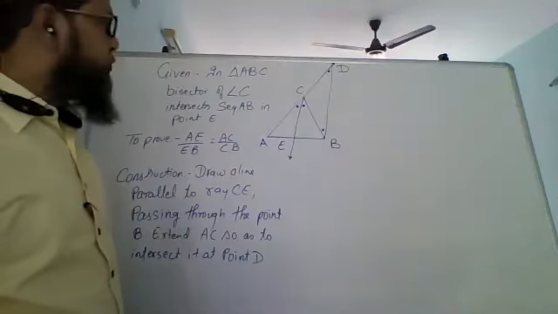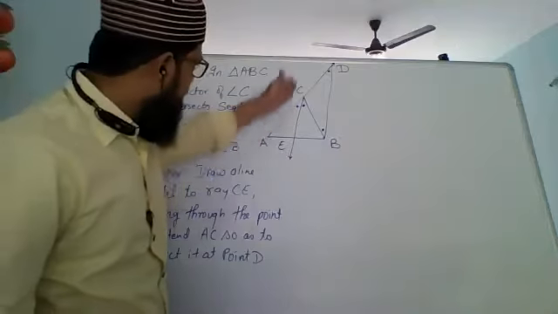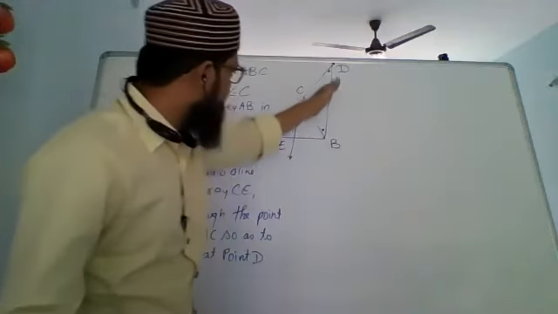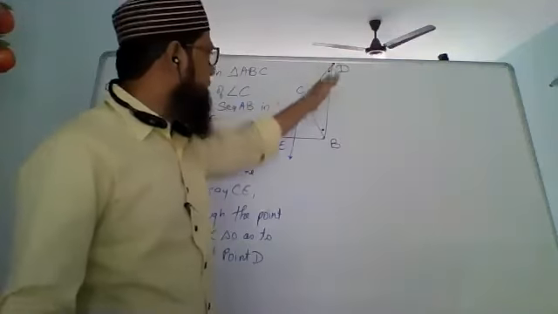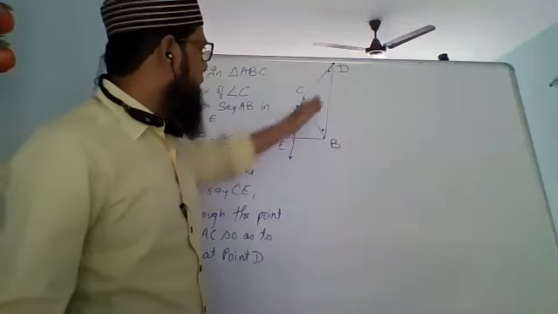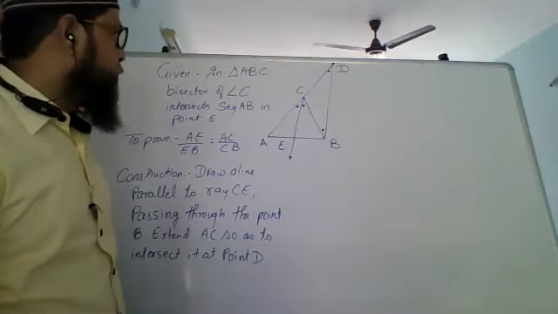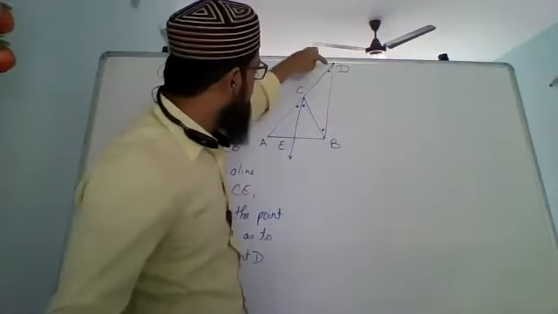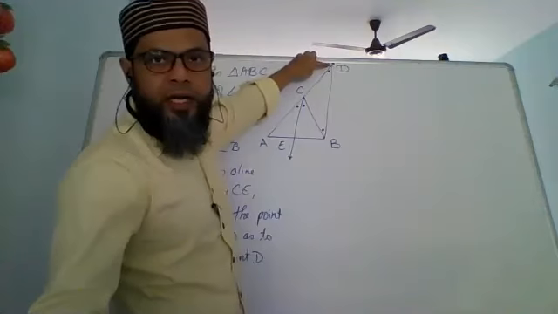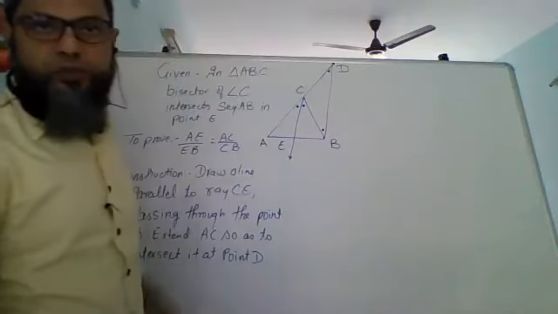For that, draw a line parallel to ray CE. EC and BD, they are parallel. Extend this line AC so that it meets it at point D. That is what we have written so far.